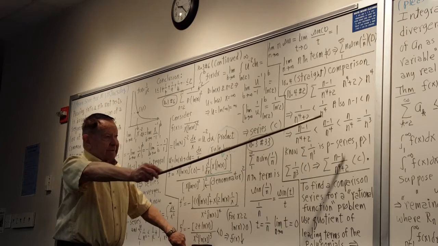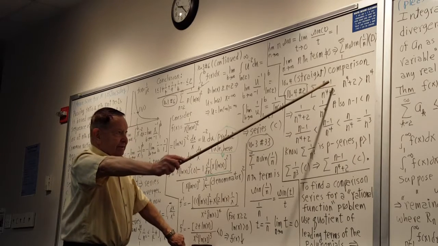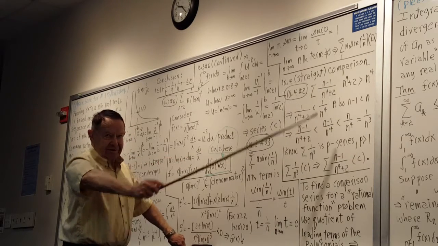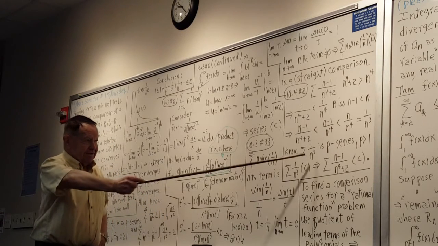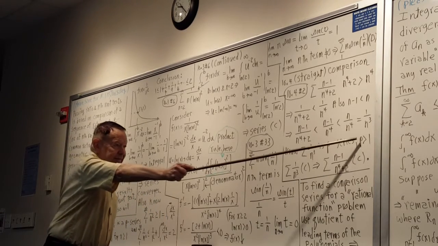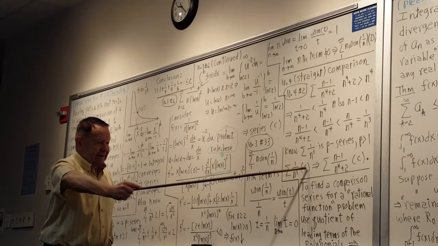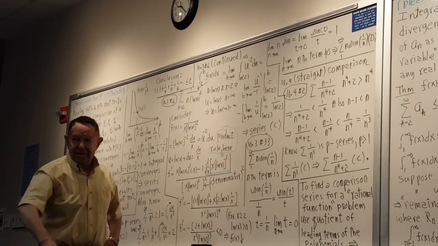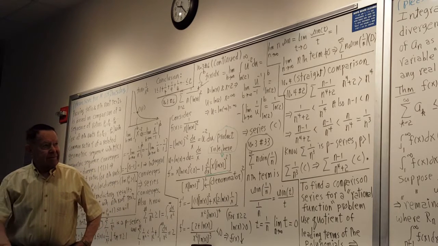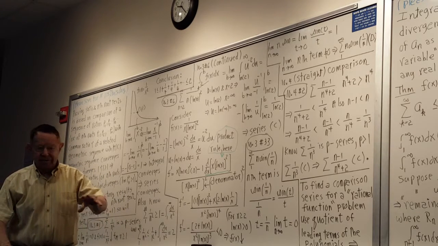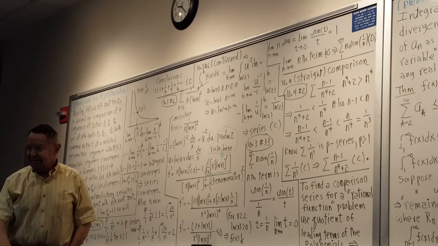So if this converges, that does, because it's smaller term by term. This is a p-series with p greater than 1, so it converges, so the smaller one does. The inequalities go through all right, it's just kind of hard to say.